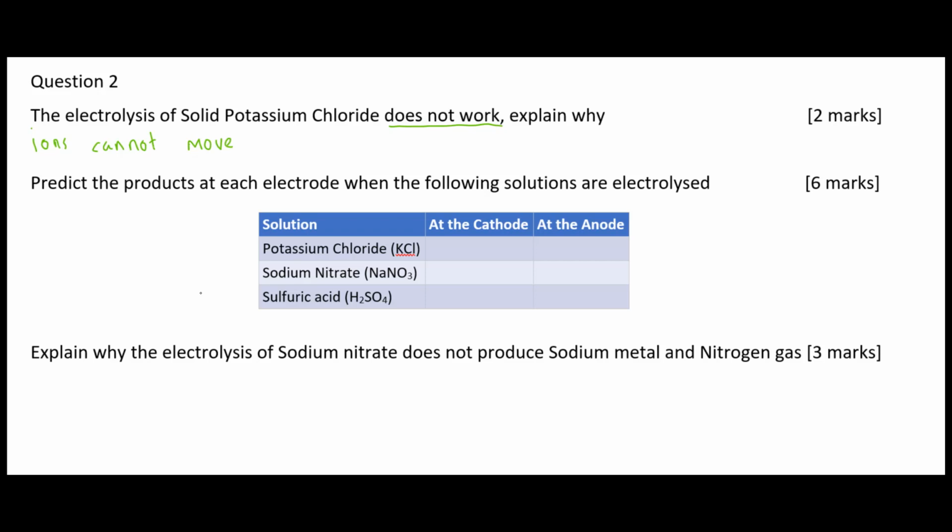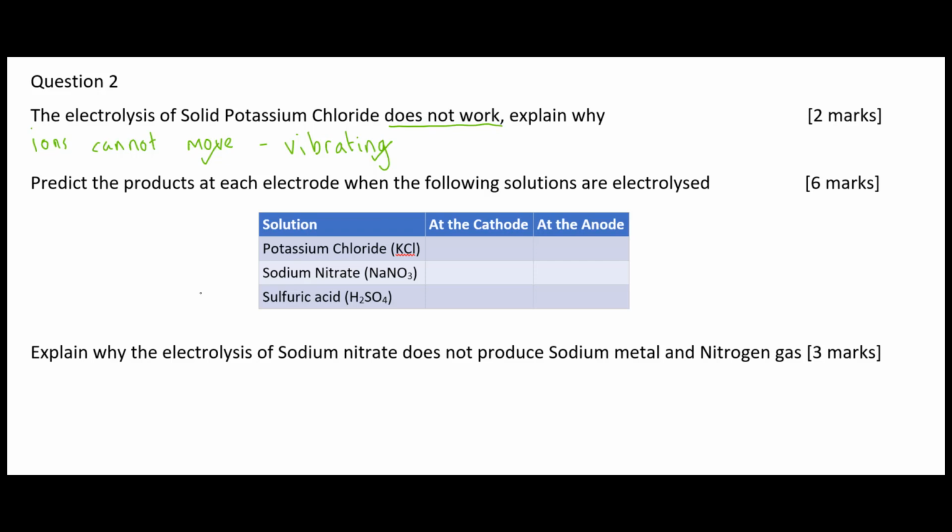In order for electrolysis to work, the electrolyte has to have ions that can move. Now, if it's a solid, all the ions are doing is vibrating. And there's our 2 marks, that the ions cannot move and all the ions are doing are vibrating.